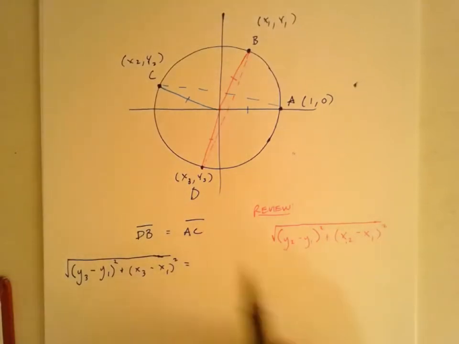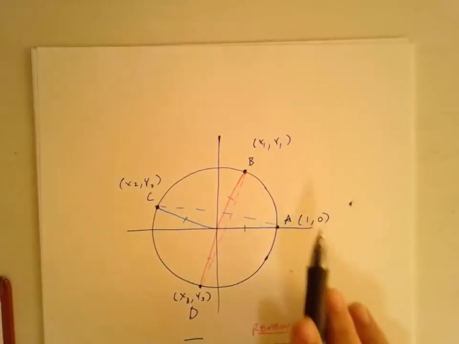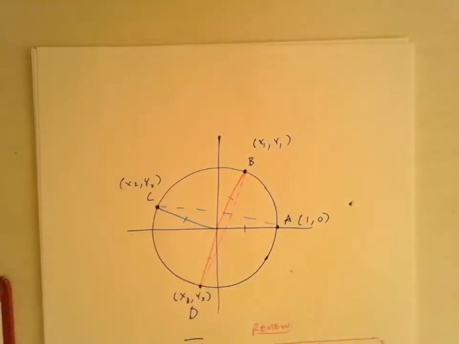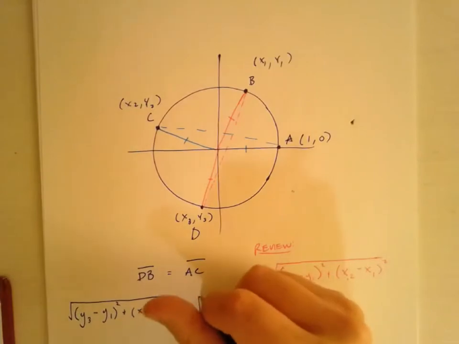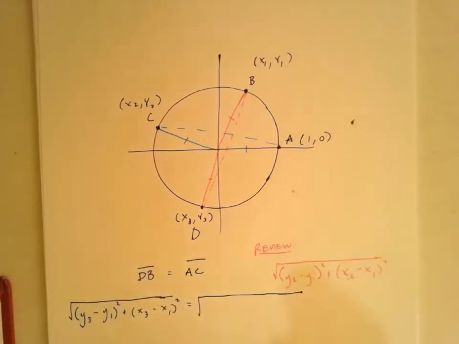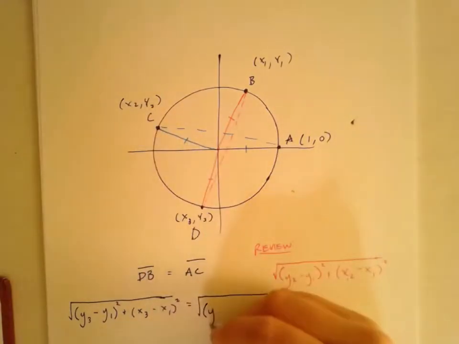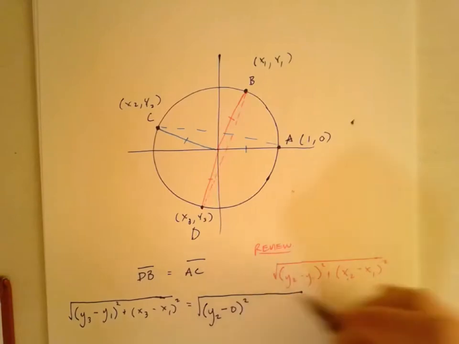For AC, I can fill in 1, 0 as my x1, y1, and x2, y2 is going to be my x2, y2. That part I don't have to change. So again, I set up my square root, and I say, okay, my y2 is y2 minus my y1, which is 0, squared.